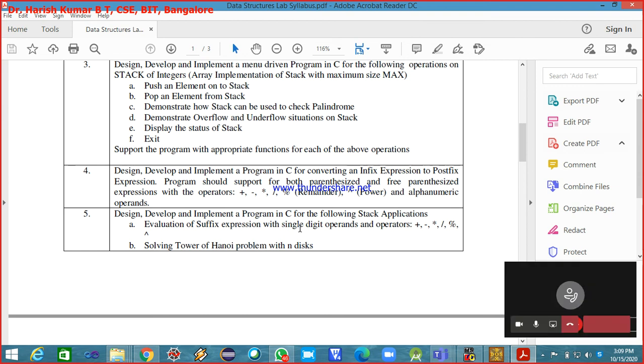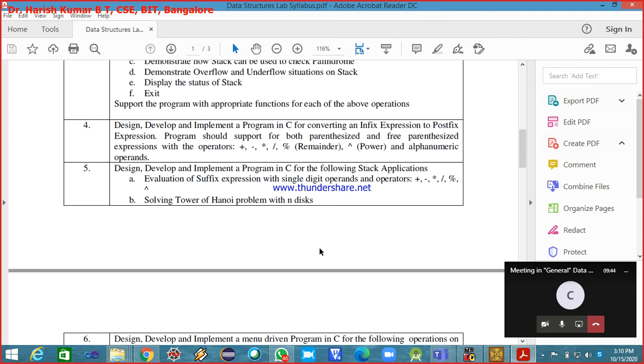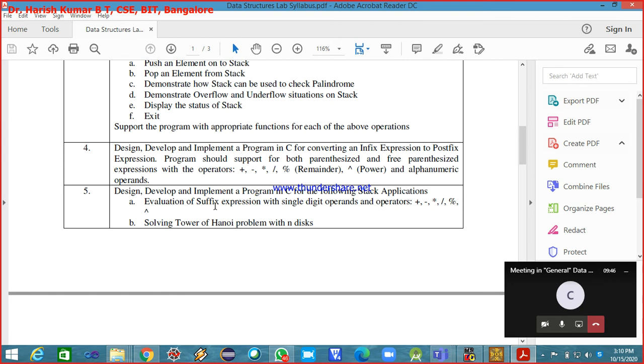So these are the operators which you have to use, and single digit operands, because you cannot use multi digit operands. So if I write 2 5 plus, it gets evaluated as 2 plus 5, it is not considered as 25. And 5B is solving the Tower of Hanoi problem with n disks. So that is question 5.